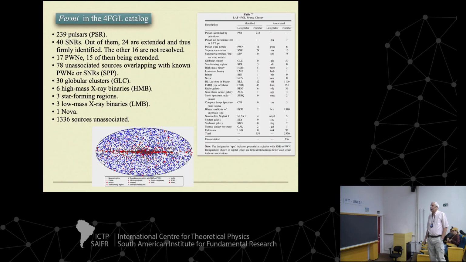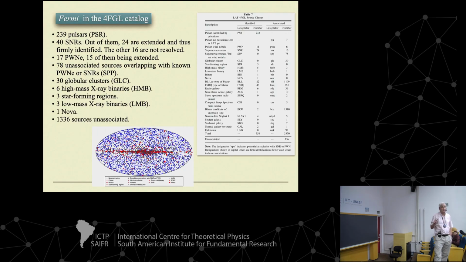If we go to the detail of galactic sources in the catalog, we have all these identifications that you see here. We have 237 pulsars for which the pulsations in gamma rays were detected. So there is no doubt that these sources are pulsars.